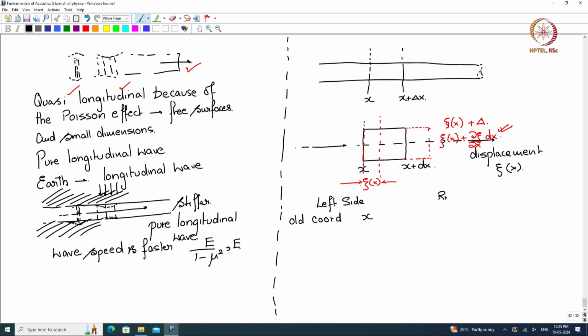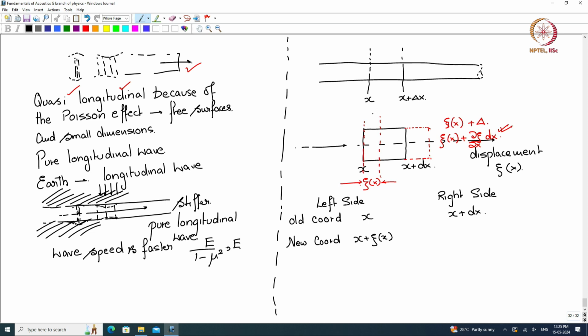The right side old coordinate is x plus dx, and the left side new coordinate is x plus xi of x.